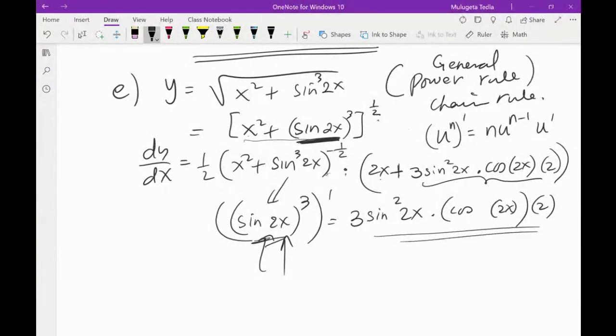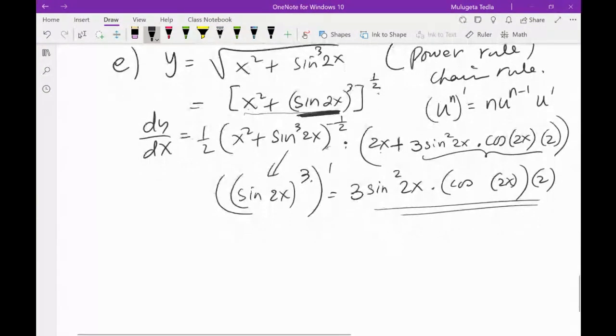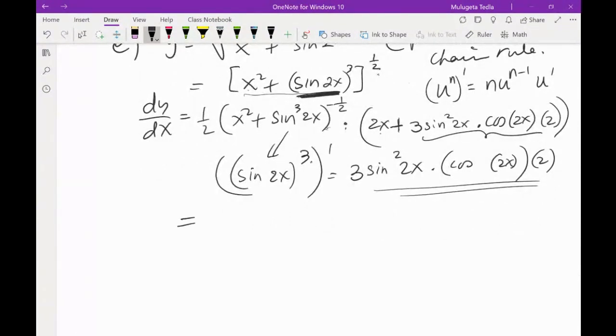So I'll leave this for you for your practice, because it will help you see how we got that, right? When I raise it, this thing has a negative exponent, so I'm going to write it on the denominator: the square root of x squared plus sine cubed of 2x.